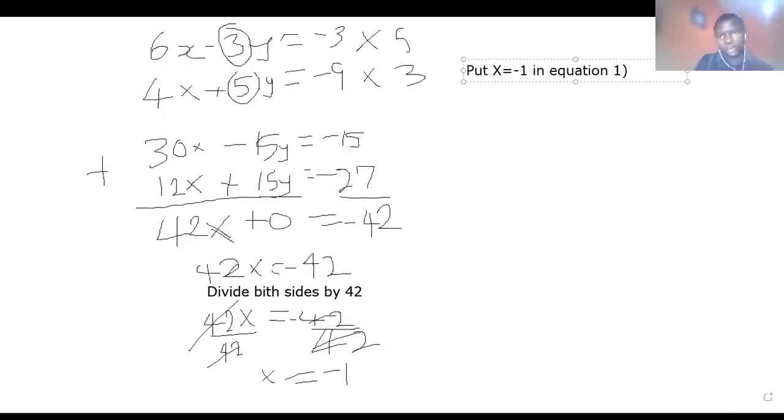Equation 1 says x minus 3y is equal to minus 3.